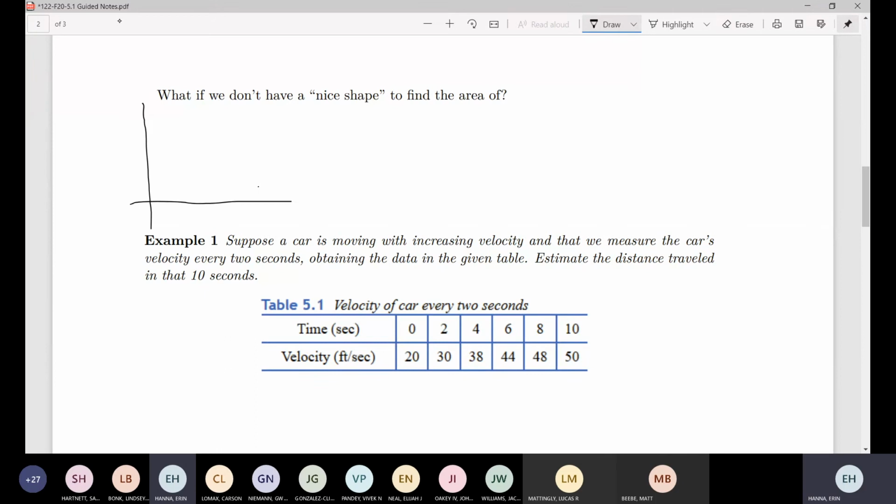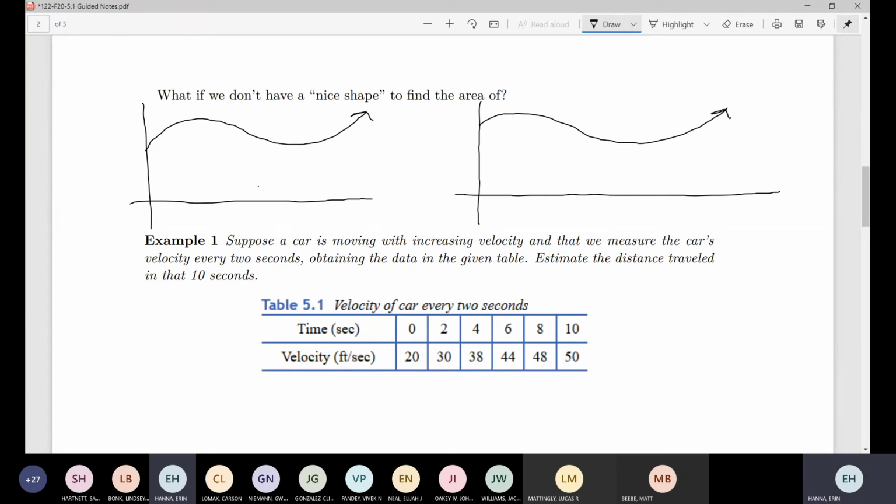And I'm going to do 2 situations here. I'm going to try to draw the same graph, but, you know, I'm human. So say we have a graph, and pretend they're the same exact graph.